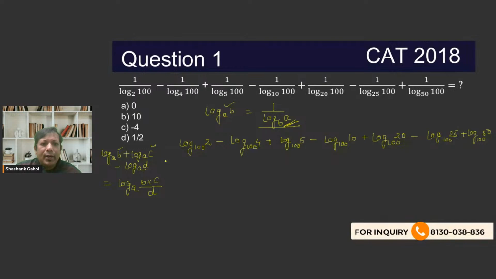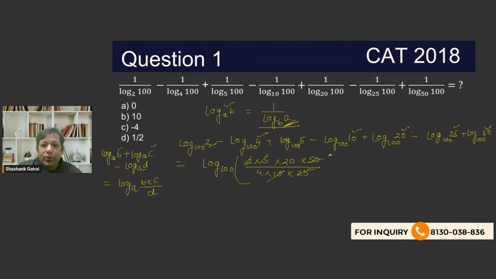So this is what I have got so far. The base is the same, so log base 100. In addition, I have 2, 5, 20, and 50. Whatever values we have in subtraction are 4, then 10, then 25. So what do we get? 10 is 2 into 5, which cancels out.